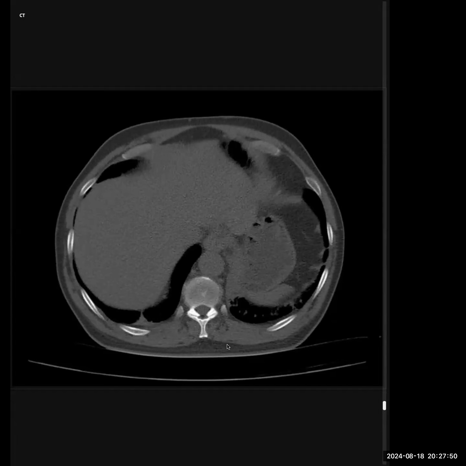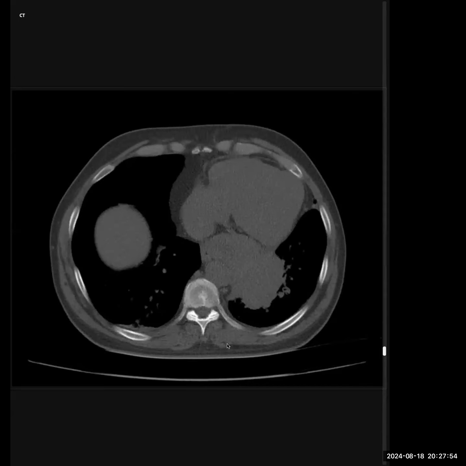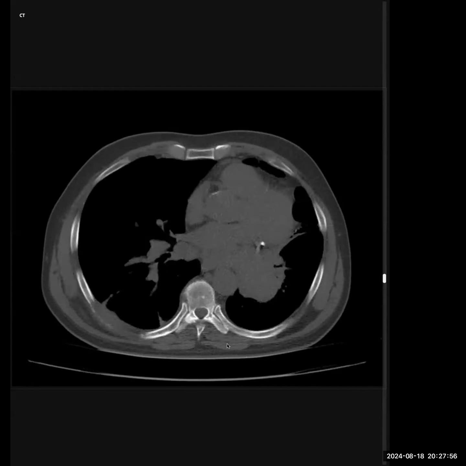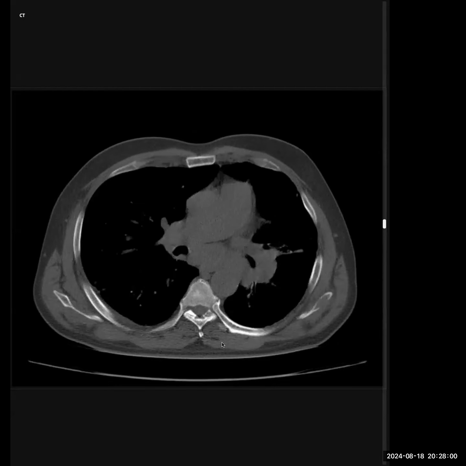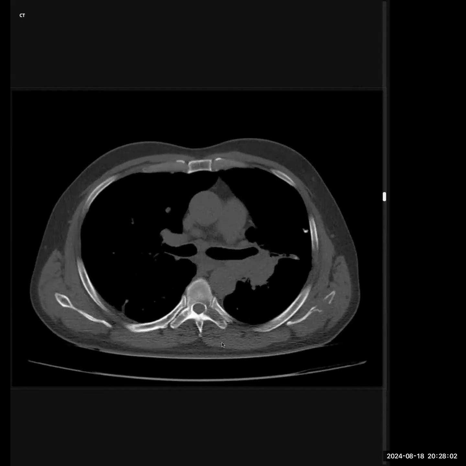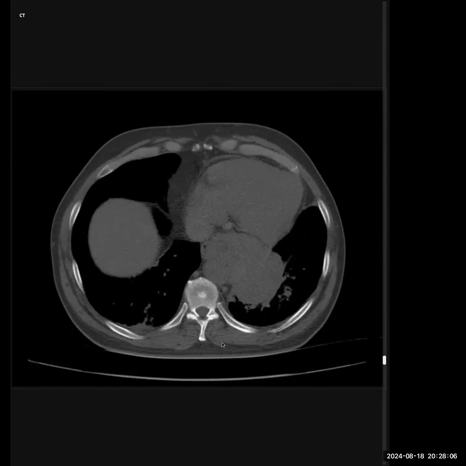So looking at the axial sections in the bone window, I do see a few lytic lesions within the blade of the left scapula and a few of the posterior ribs on the right side as well.